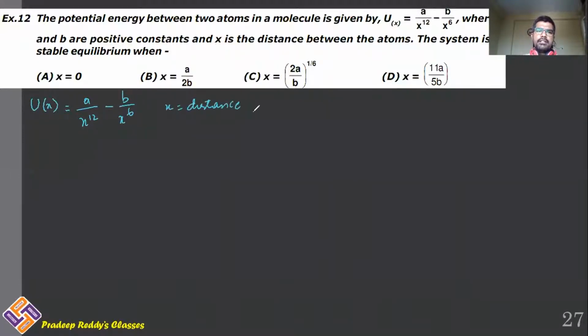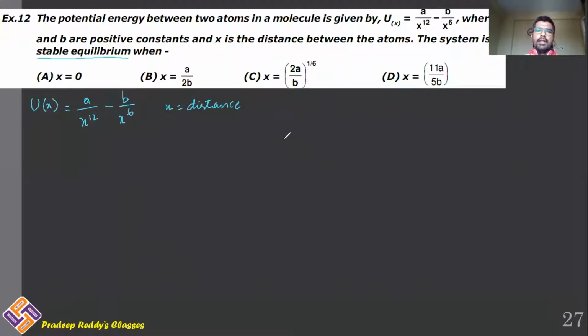A and B are constants, so the system is in stable equilibrium when, these are the options given: x is equal to 0, or x is equal to 2a by b, x is equal to a by b. So you need to verify when the body is in stable equilibrium.